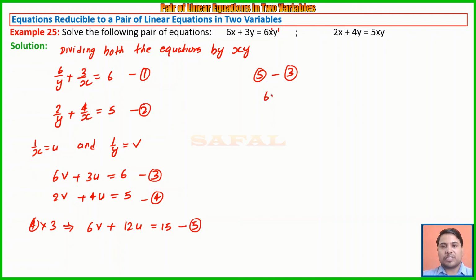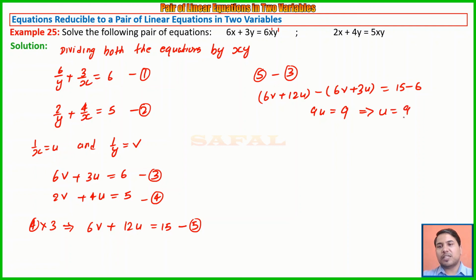So 6v plus 12u, that is the left hand side of 5, minus 6v plus 3u, that is the left hand side of 3, and here I will have 15 minus 6. This 6v and 6v will get cancelled, and 12u minus 3u is 9u, and here I will have 9. So this will give me the value of u as 9 by 9, which is basically 1.